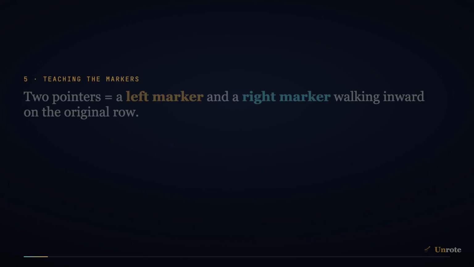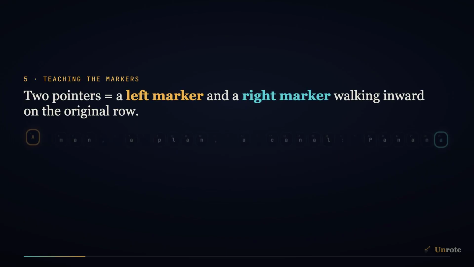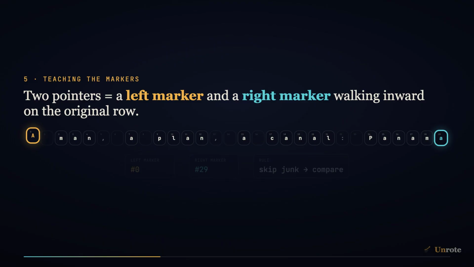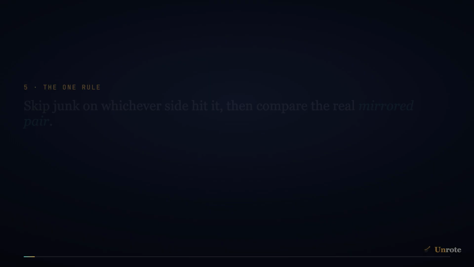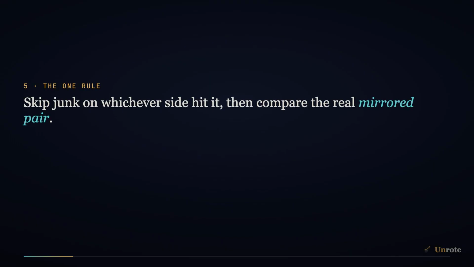On screen, those 2 fingers are a gold marker on the left and a blue marker on the right. The tiny numbers under the tiles are just indexes, little addresses for which character each marker points at. Watch this motion once, and it has a name. 2 pointers.